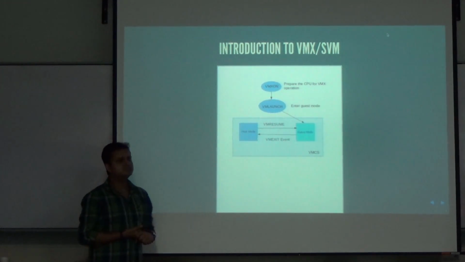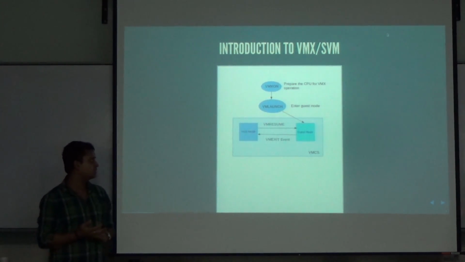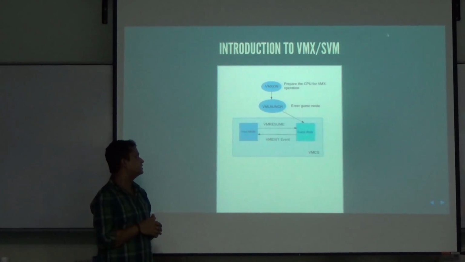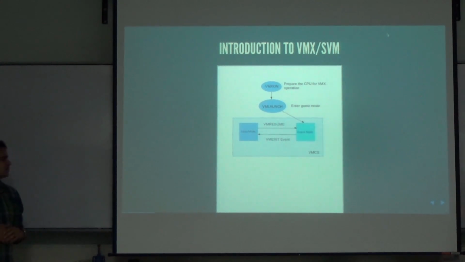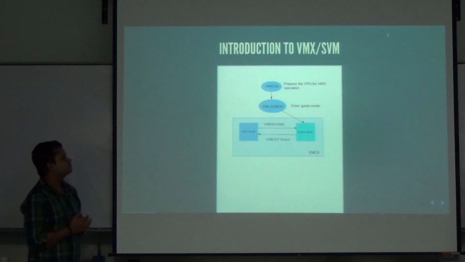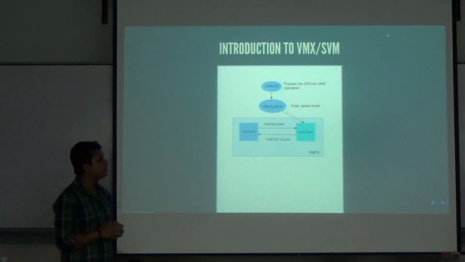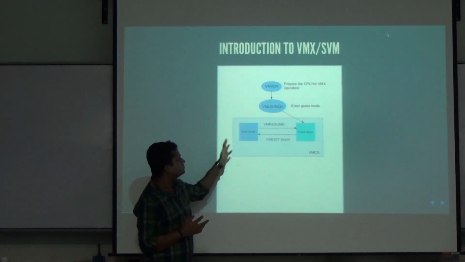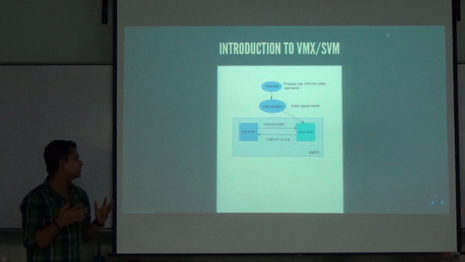And then VMLAUNCH is the instruction that lets you enter guest mode. So once you execute VMLAUNCH and then let the processor point to any instruction, that instruction is actually executed in a hardware-constrained environment, or a sandbox if you may, which is called guest mode. And then the real operation goes back and forth between the guest mode, which is the virtual machine, the guest that's running.